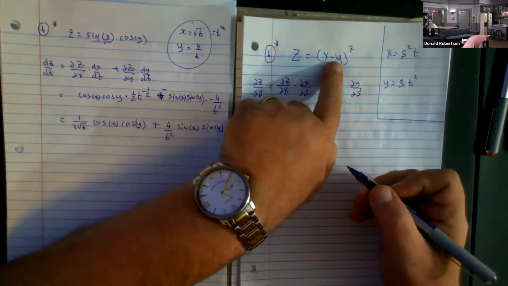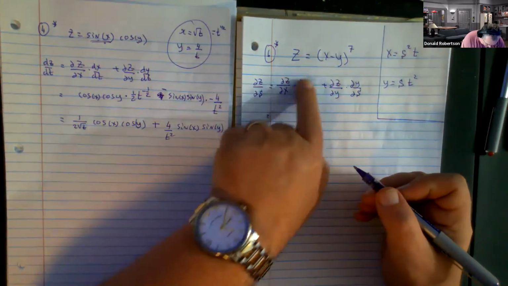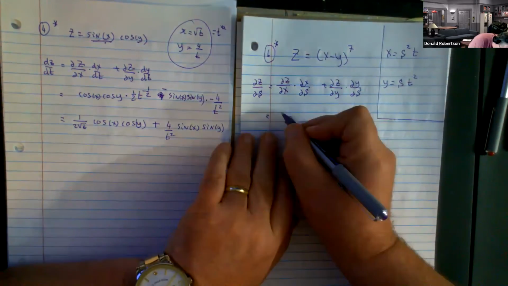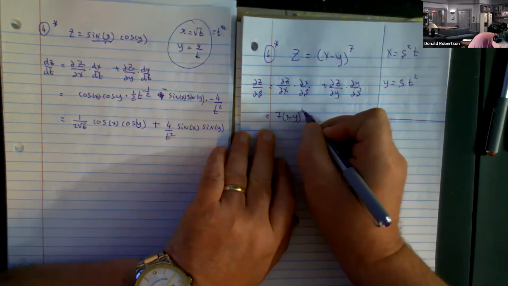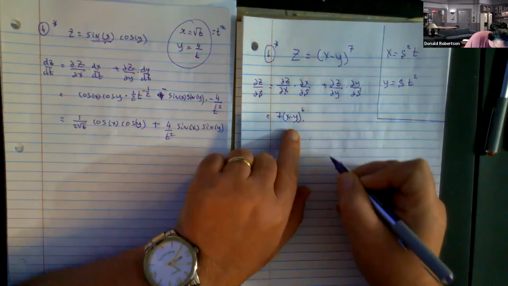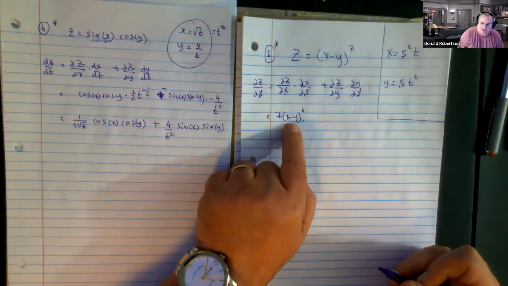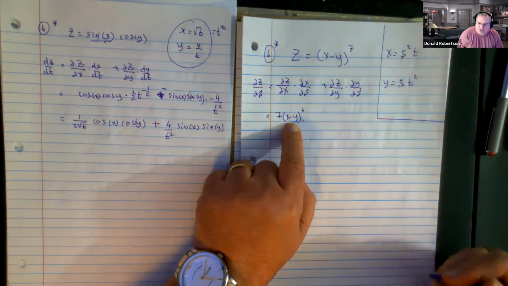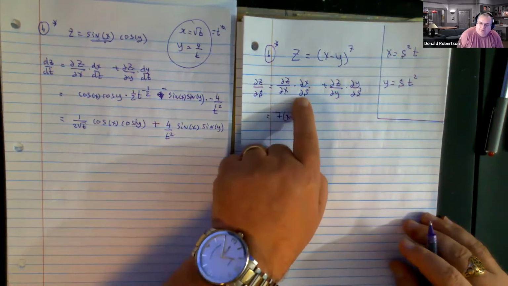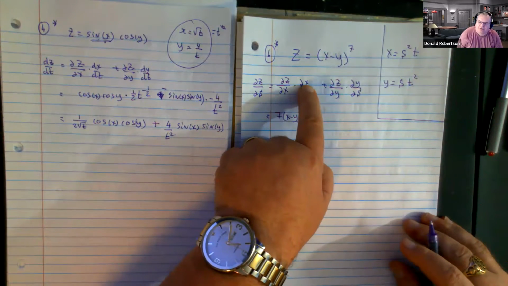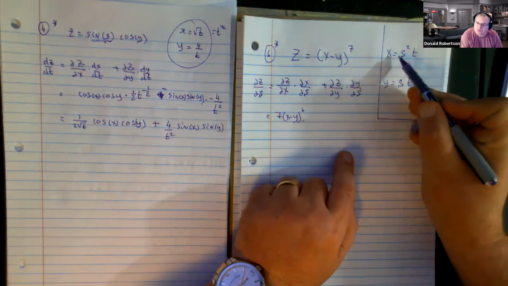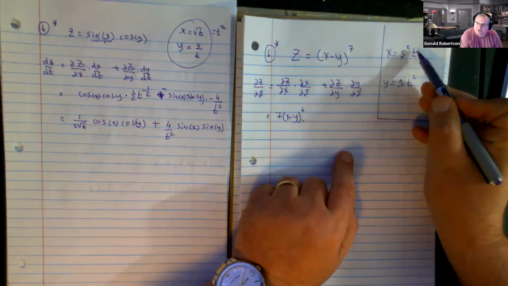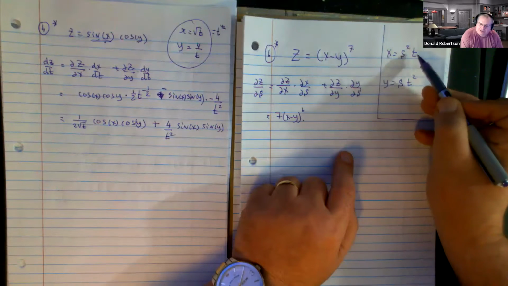Now, if you differentiate this guy with respect to x, you're going to get 7 lots of x minus y to the power of 6. Technically times the derivative of what's inside with respect to x, but since that's 1, I'm not going to bother. Finishing with the derivative of x with respect to s. If you differentiate x with respect to s, this gets you 2st.